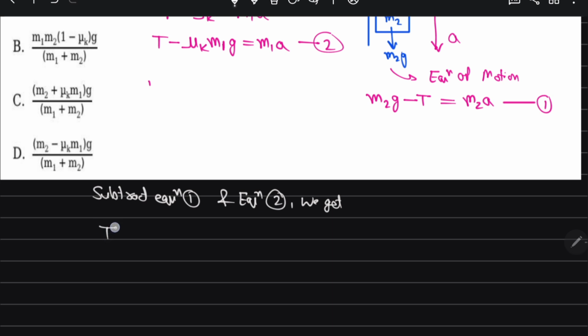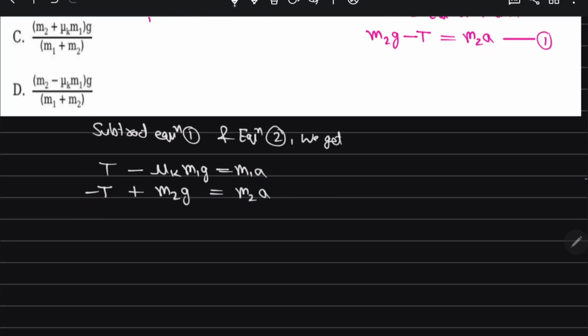Look, the first equation is T minus mu k m1 g is equal to m1 a, and the second equation I write as minus T plus m2 g is equal to m2 a. So what I do, I subtract this equation, so minus this minus this, this becomes minus minus plus, that is 2T.